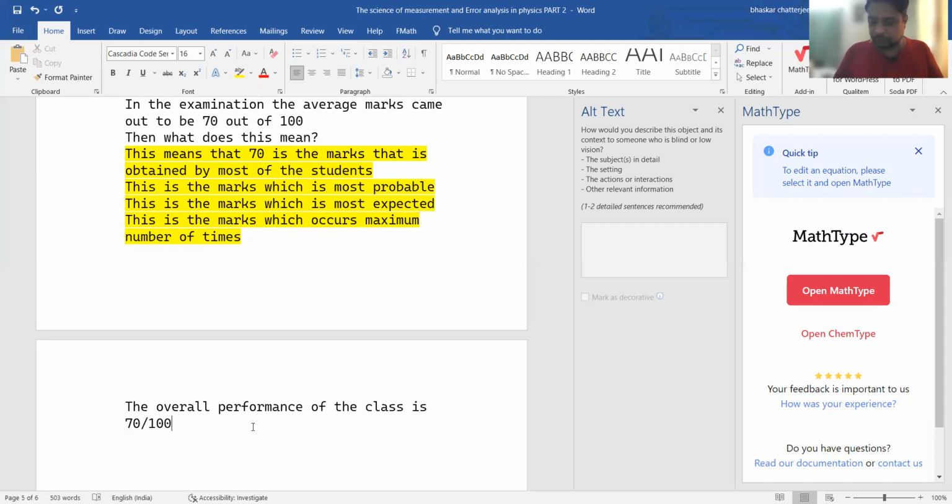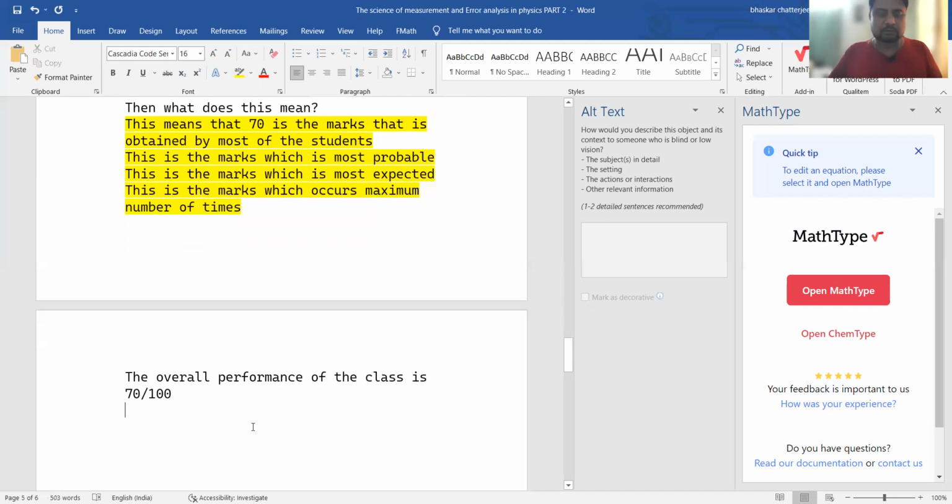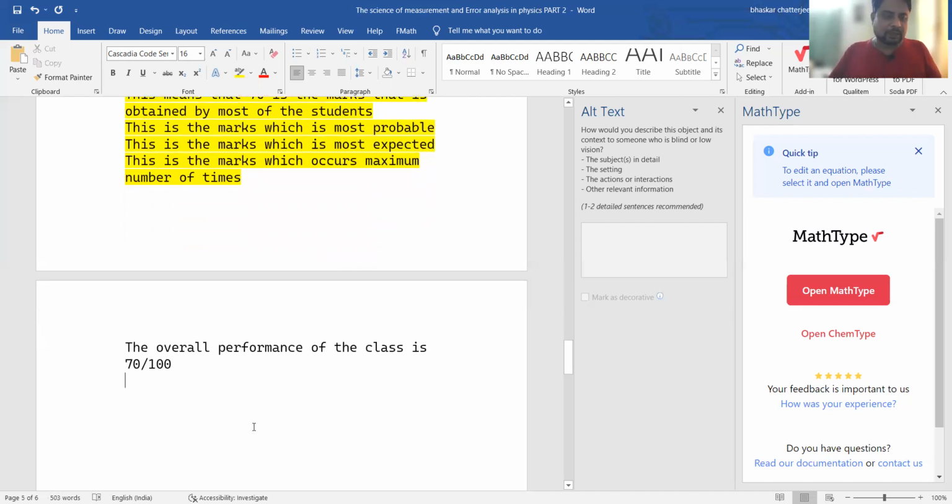Now you can judge whether it is good, average, very good, or not proper. That is a different thing. So overall performance is 70%. Maximum number of students have obtained 70 out of 100. So 70 is the value which is most expected, most common, most probable, most number of times occurring. They mean the same thing. So this is the concept of average.